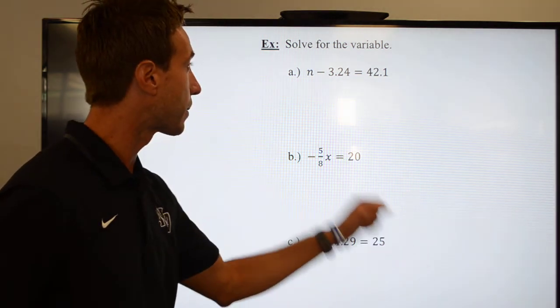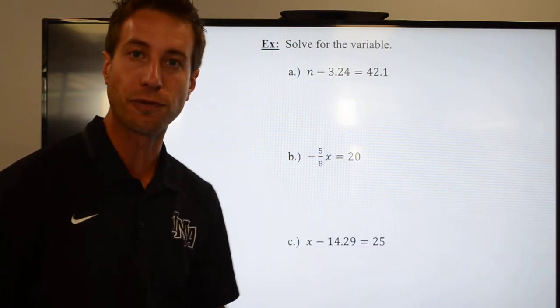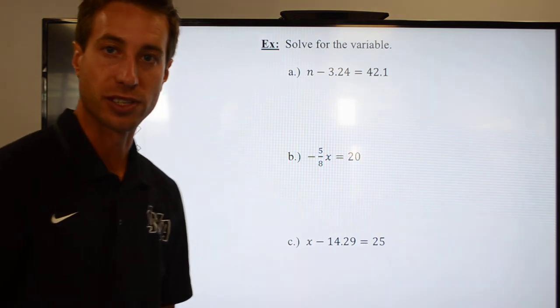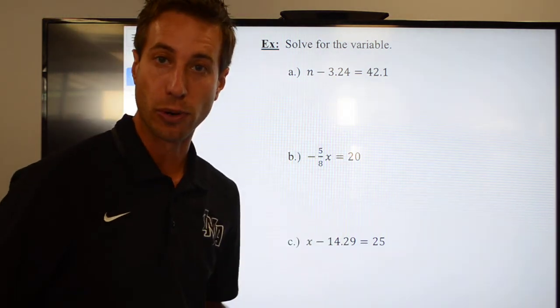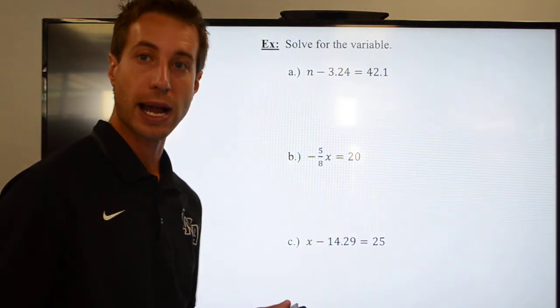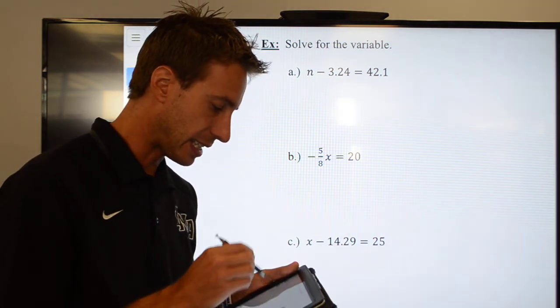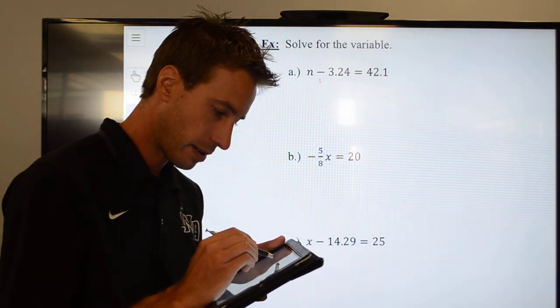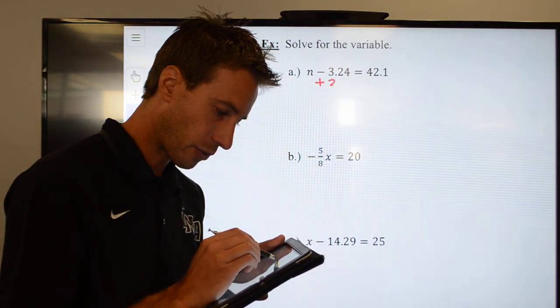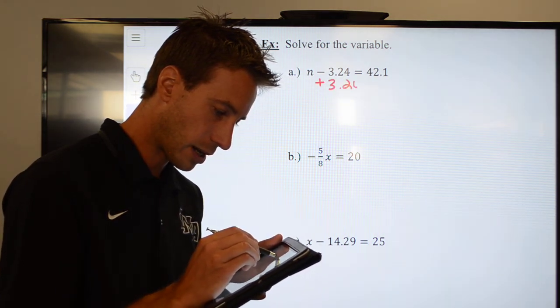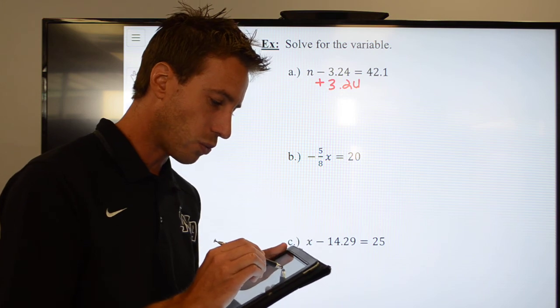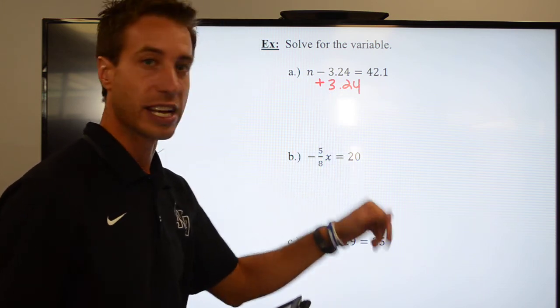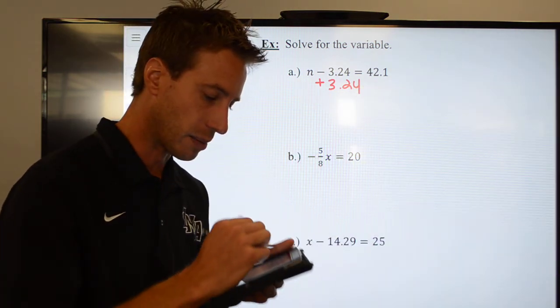In order to do that, I'm going to need to take this negative 3.24 and move it to the other side. Since it's a negative 3.24, the way to undo subtraction is going to be addition. So we will add 3.24. But whatever I do to one side of the equation, I must do to both sides.